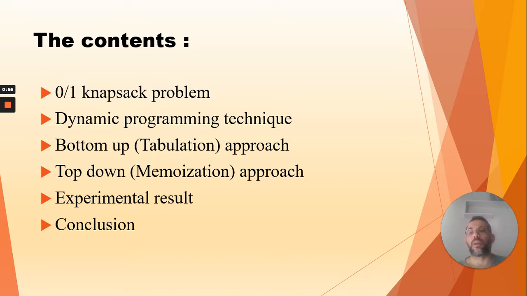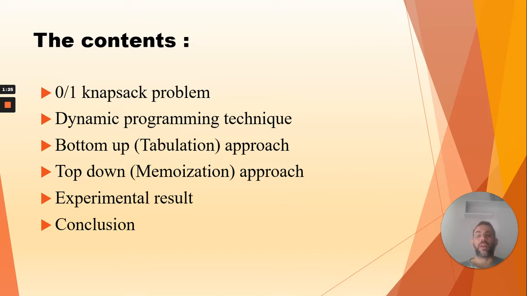After that, we will explain the two approaches of dynamic programming that we have used to solve the 0-1 knapsack problem. They are the bottom up and top down. We will see how they work and the concept of each approach, and we will explain their algorithms practically.